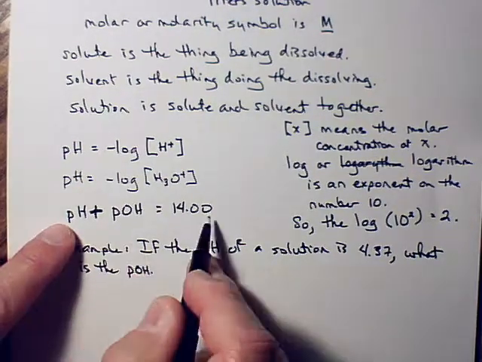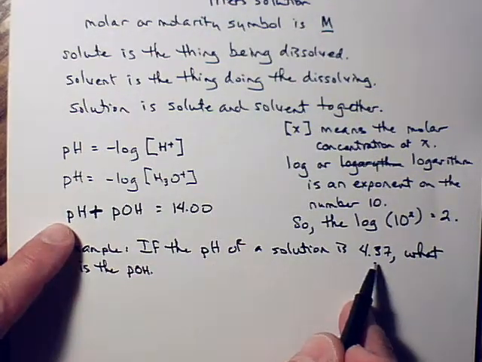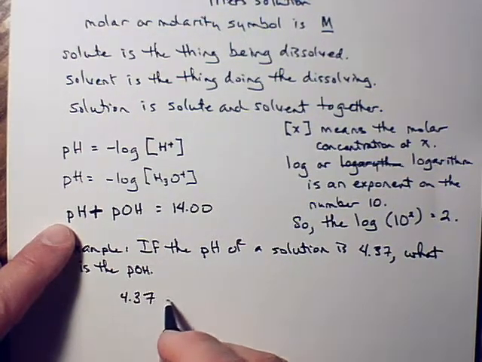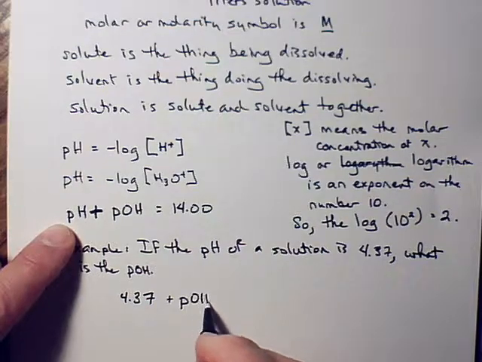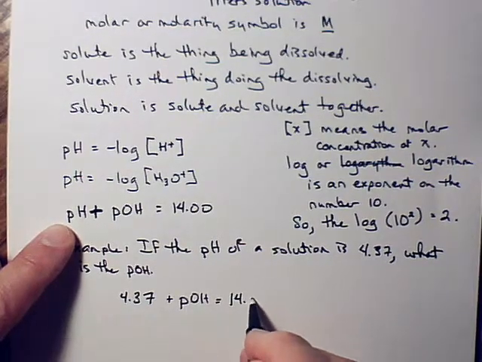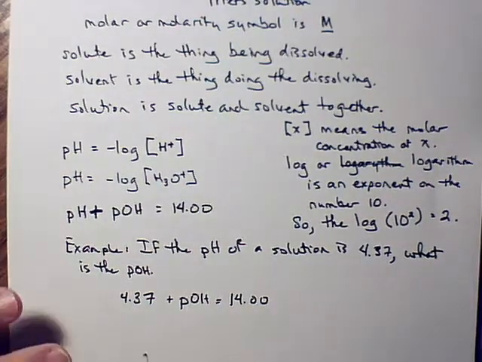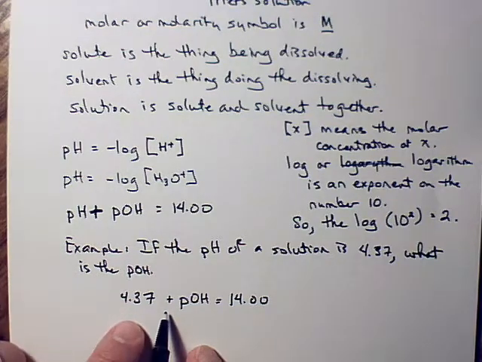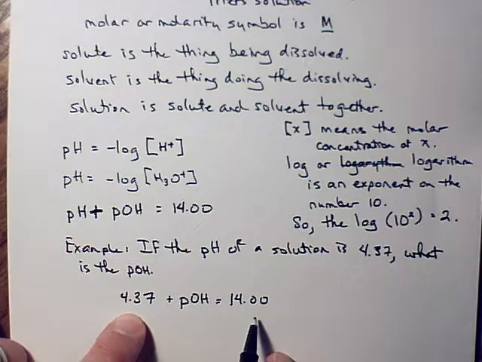So if pH plus pOH equals 14, and this is the pH, then 4.37 plus the pOH equals 14. We've got to isolate the unknown. That's the process we've been using for a month now. To get this by itself, when I have an addition problem, I have to subtract this number from both sides.